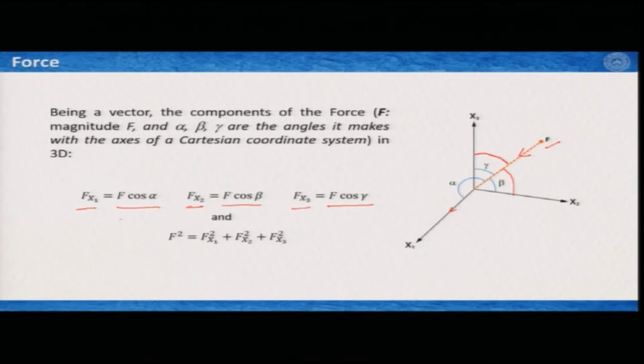Because these are related to each other by this equation, the square of this force vector would be the sum of the squares of f x1, f x2 and f x3. This relationship holds good, you know it from your high school level.